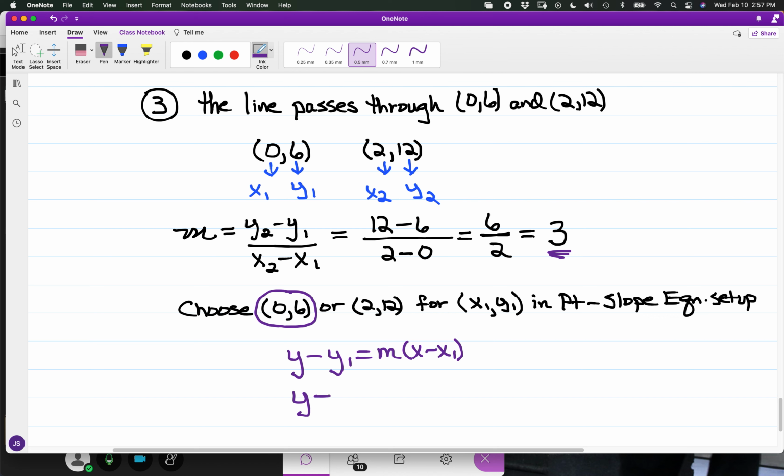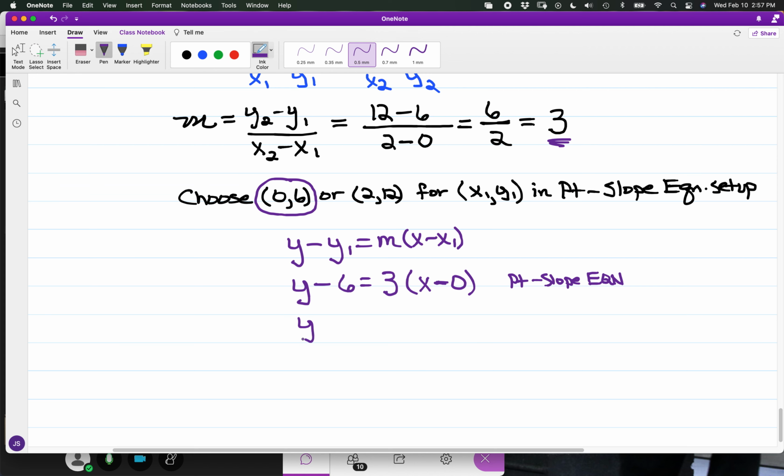If I substitute accordingly, y minus y1 becomes y minus 6. Then we have the slope m at 3, times the quantity x minus 0. So this will be our point-slope equation. And then moving on to the slope-intercept form, we got y minus 6 is equal to, now x minus 0 is x, so the right-hand side we're just going to have 3x.